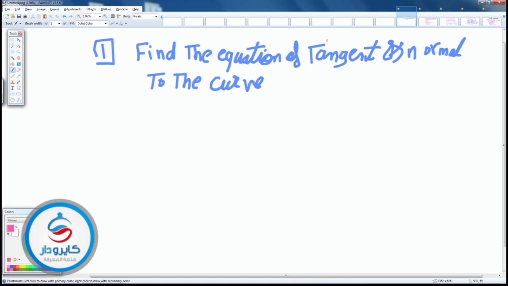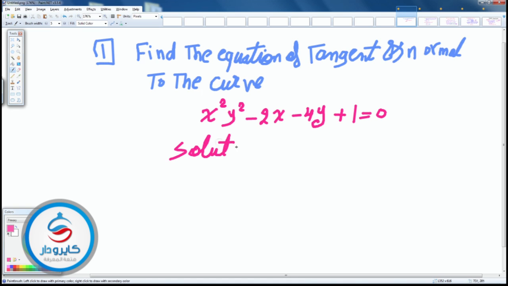This is the equation of the curve: x squared plus y squared minus 2x minus 4y plus 1 equals 0. Now we are going to the solution.